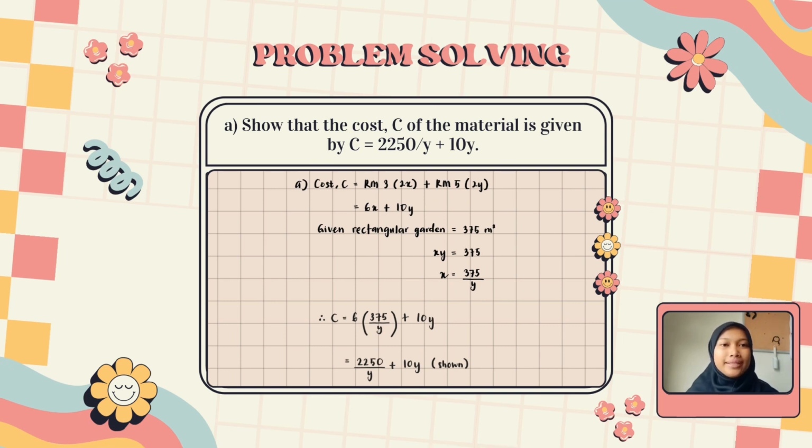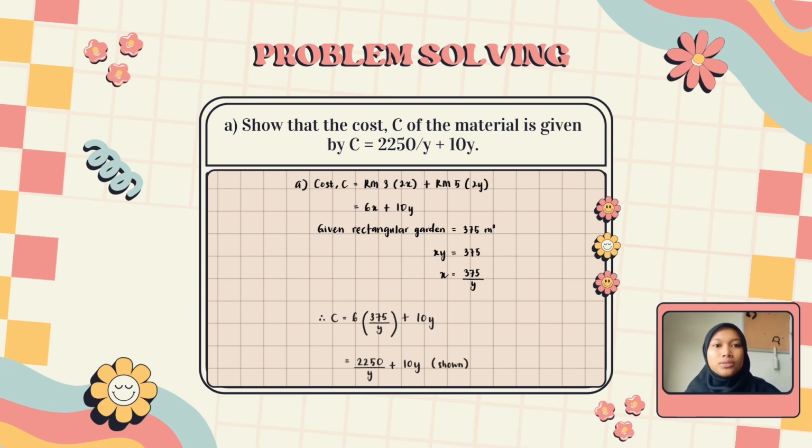plus 10 multiply y. Firstly, cost, which is C, equals RM 3 in bracket 2x plus RM 5 in bracket 2y. It will become 6x plus 10y. Given the rectangle garden is 375 meters square, it will become xy equals 375.